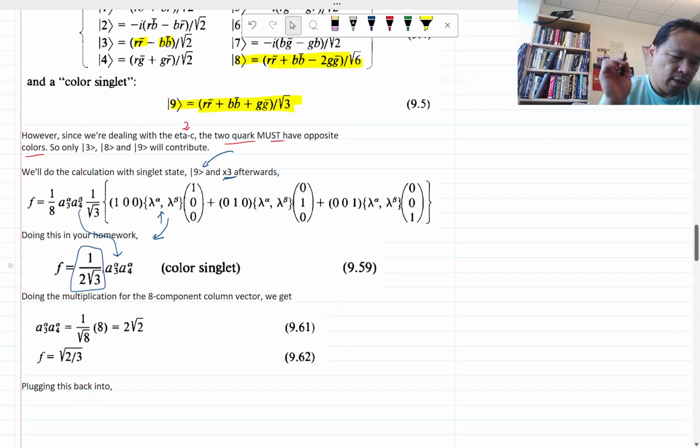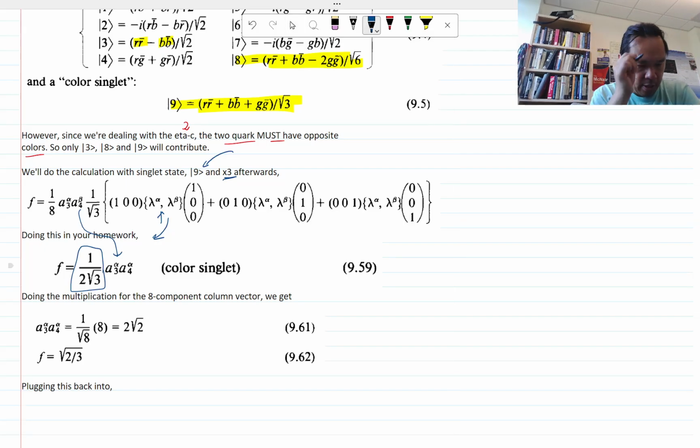So these octet gluon vectors, if you just line them up and multiply them to each other, and then add up all the different pieces for all the possible ways, you end up with a factor of 8. And therefore, when you do this calculation, this a alpha for the two outgoing gluons actually gives you a factor of 2 times the square root of 2.